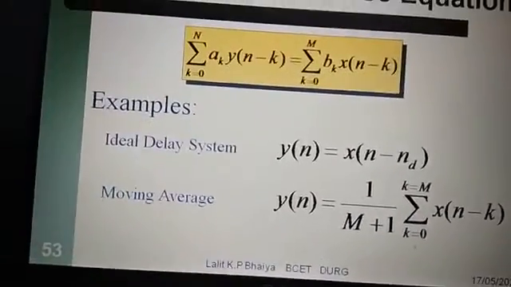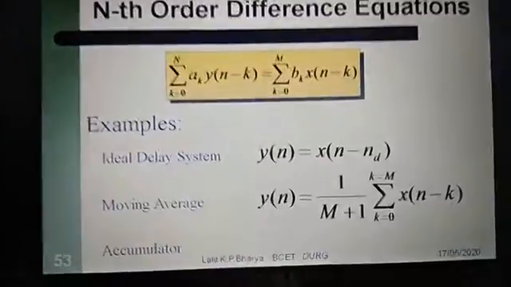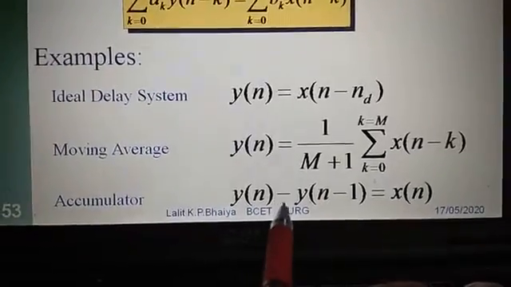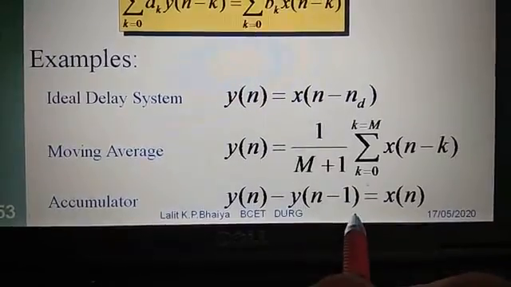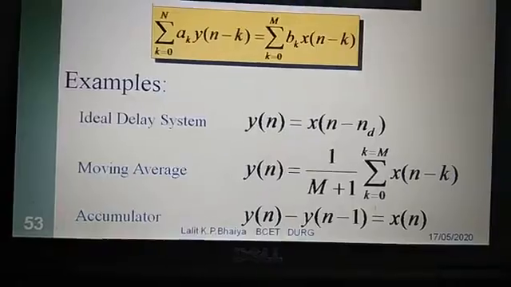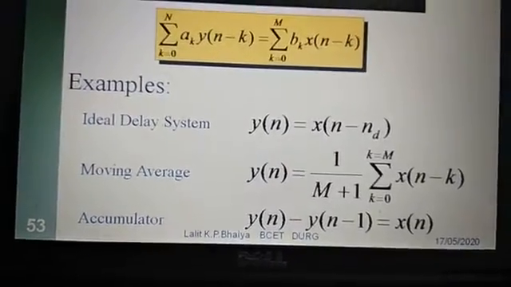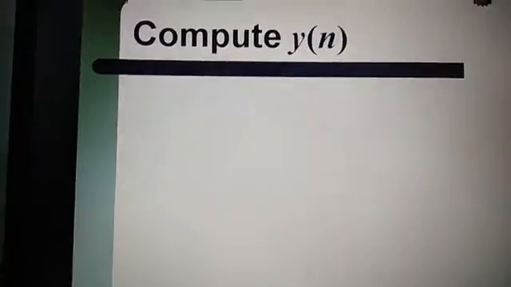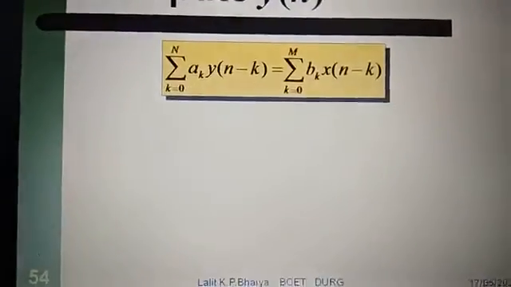Then the accumulator, which is given by y of n minus y of n minus 1 equal to x of n. Such equations depend on either past or present values, as in the accumulator. Compute y of n.